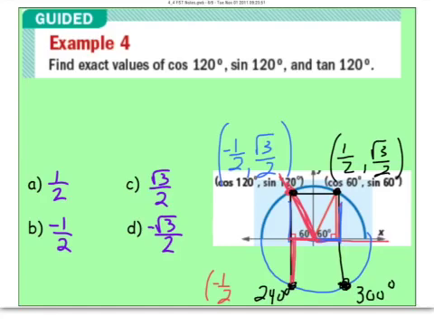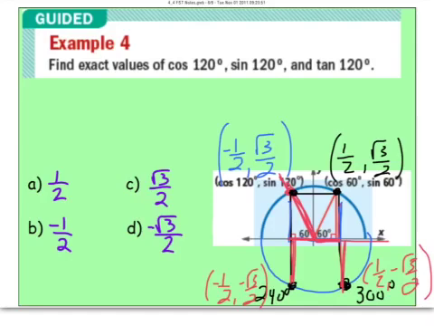To go left is negative, to go down is negative. And for 300 degrees, I would go right, so 1/2 is positive, but this time I go down, so this is 1/2 and negative square root of 3 over 2. This unit circle has tons of connections like this, and if you understand these connections, it's actually much easier to memorize this entire circle.